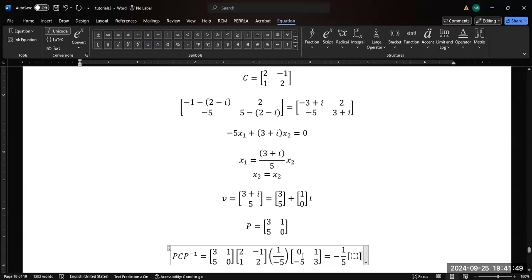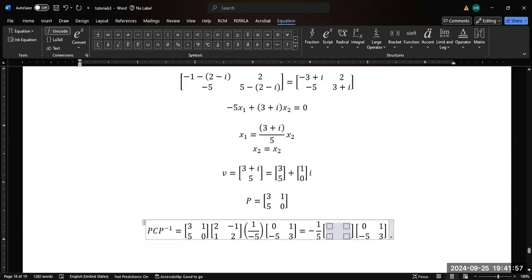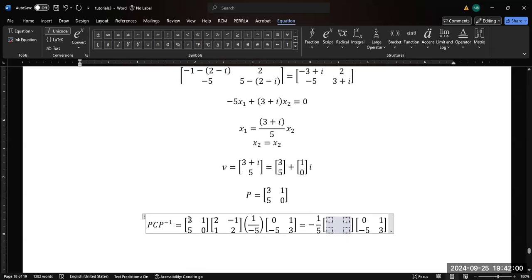And so if I multiply my first two matrices together, I am going to get 6 plus 1 is 7, and -3 plus 2 is 1, and that's 10 plus 0, and then -5 and 0 is -5.